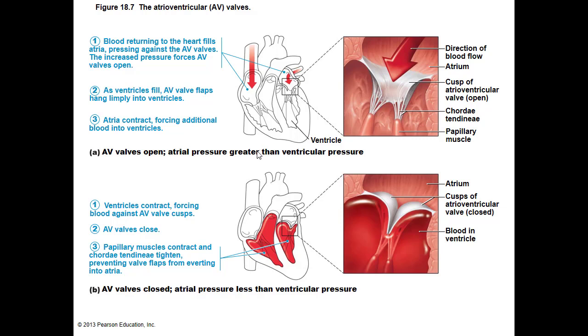Same thing on the left. Blood will fill the left atrium, going down into the left ventricle, but when the left ventricle starts to collapse, that force of the blood is going to snap closed the left atrioventricular valve.